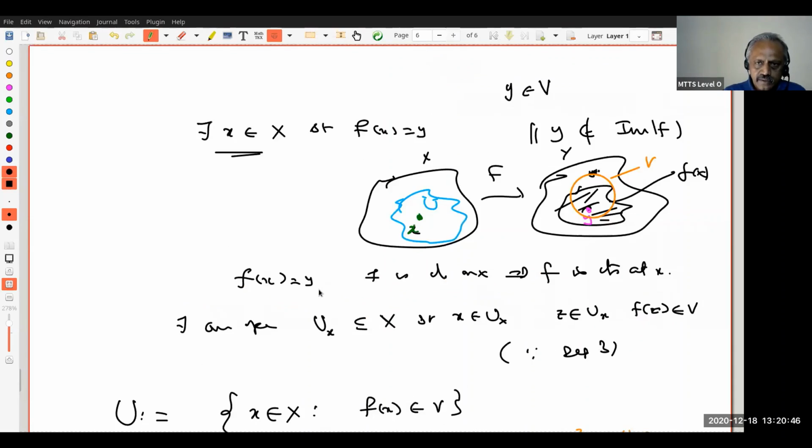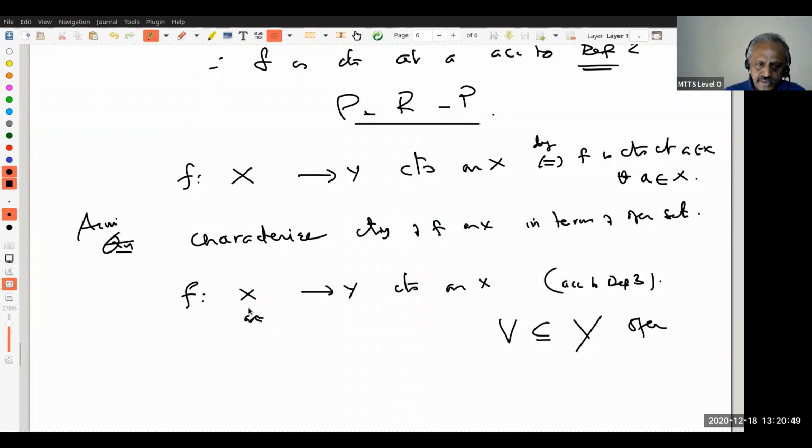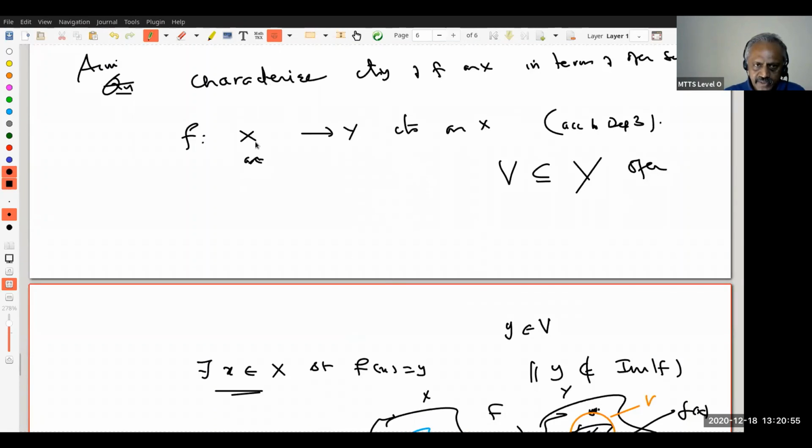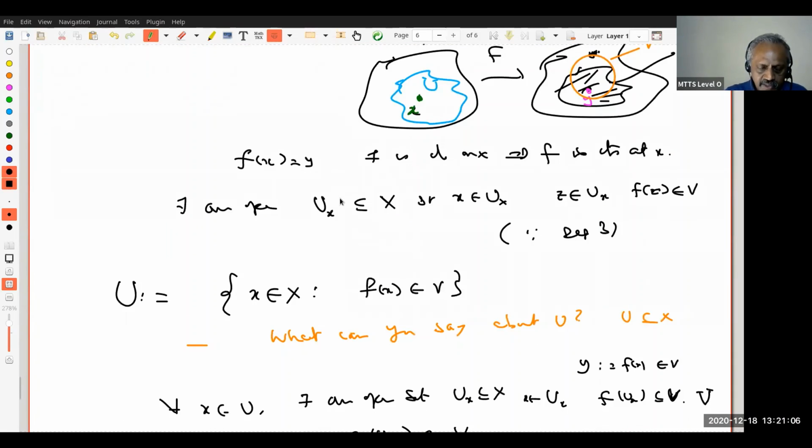Let us go back and understand slowly. So f is a continuous function from X to Y. It is continuous on all of X, that means it's continuous at each and every x in capital X. And we are using the definition of continuity in terms of open sets, that is, according to definition 3. Then what did you conclude?